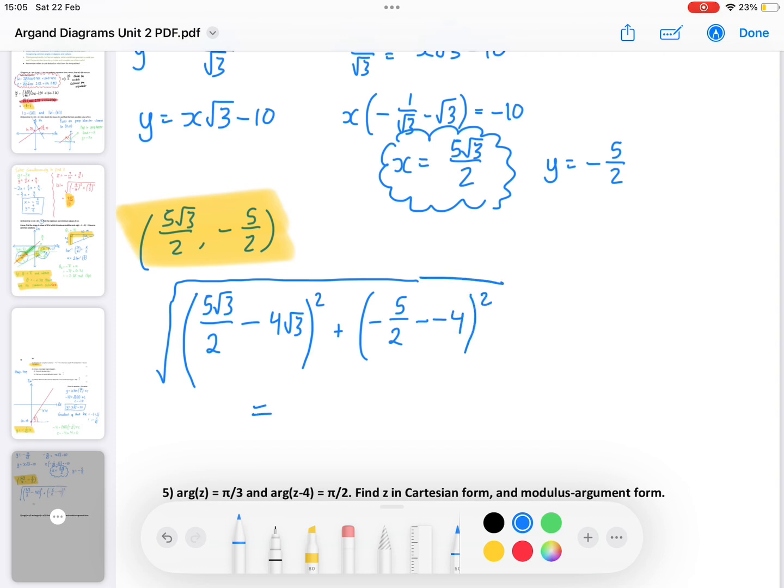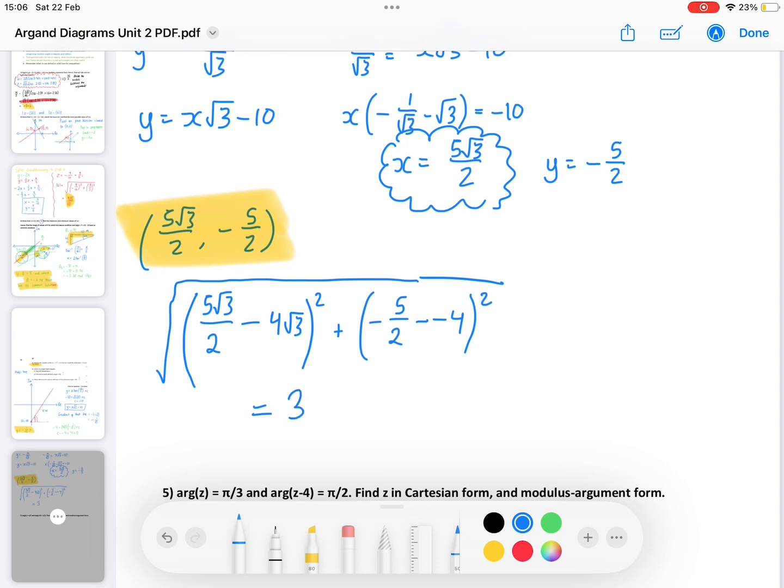And if you calculate that, so 5 root 3 over 2 minus 4 root 3 all squared plus minus 5 over 2, add 4 squared.